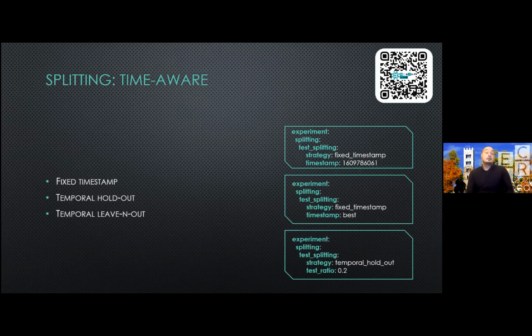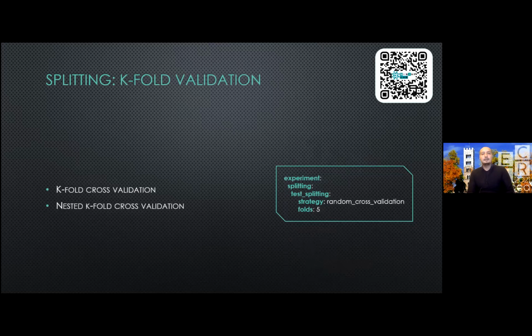Or the most adopted is the temporal hold-out and temporal leave-one-out, in which we retain, let's say, the latest 20% or whatever of the transactions for the test set or the validation set, and we keep the remaining ones for the training set. And obviously we can do the same with leave-one-out, and we can define, let's say, 1 or a certain number of transactions that we want to keep for the test set or the validation set.